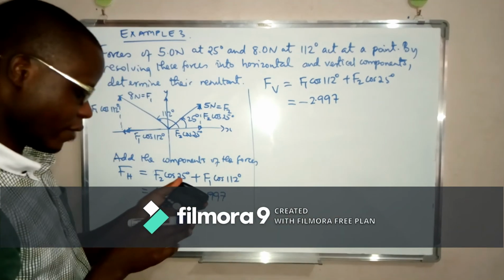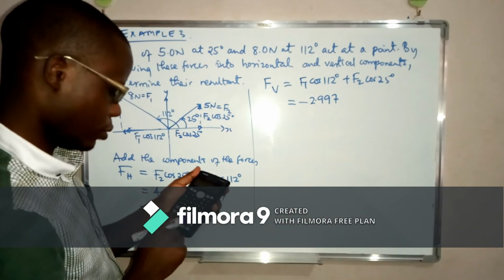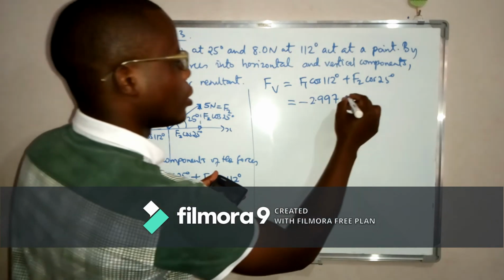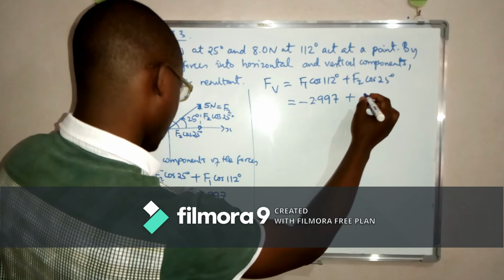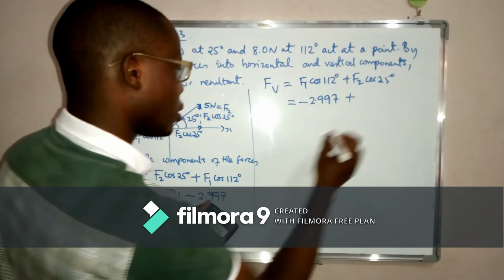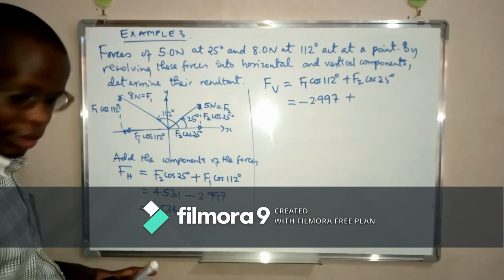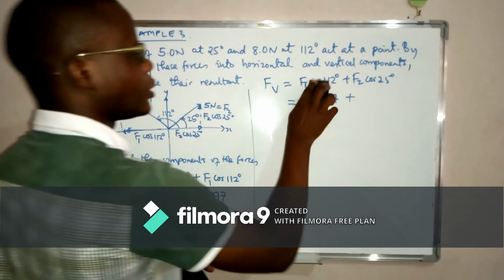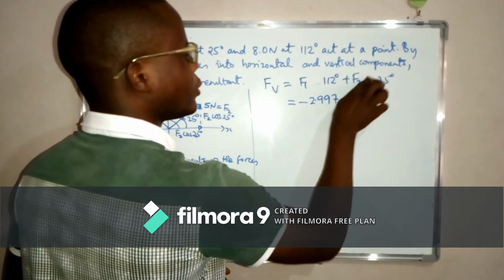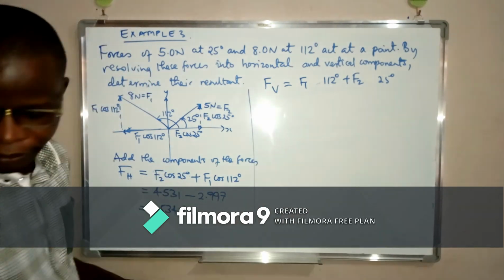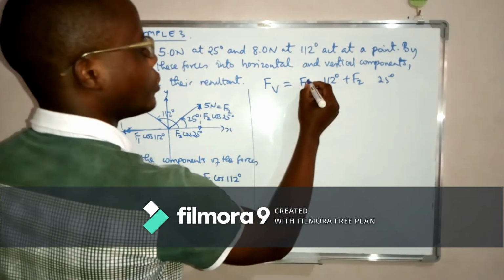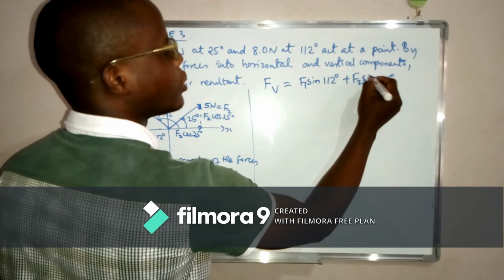Then we have 5 cos 25... no, this should be sine. Both of them should be sine. Sorry for that confusion. So you have sine, sine.